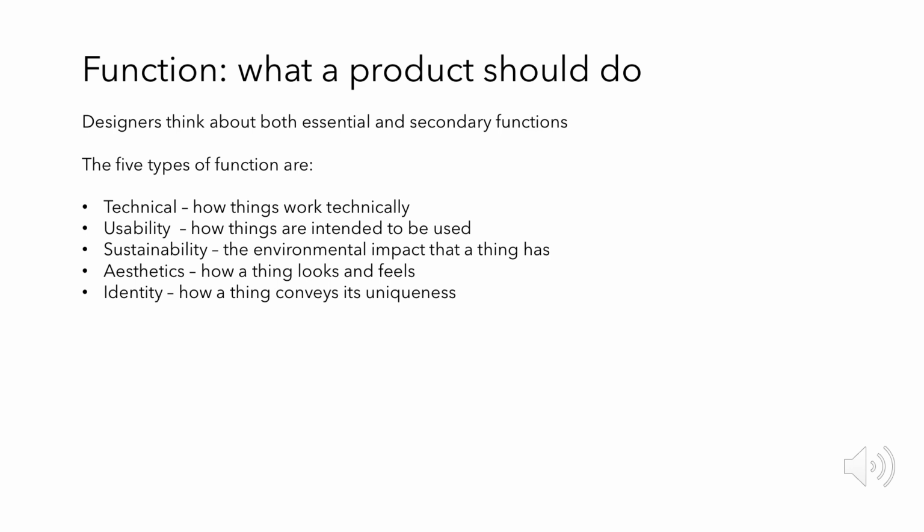It's also about aesthetics and how a thing looks and feels, and something called identity, which is really about how a thing conveys its uniqueness. So if you think, for example, of some famous brands such as Dyson, Dyson uses particular colours and particular shapes to convey that a product is a Dyson. Probably everybody could go into a shop and pick one of those out from amongst the vacuum cleaners.